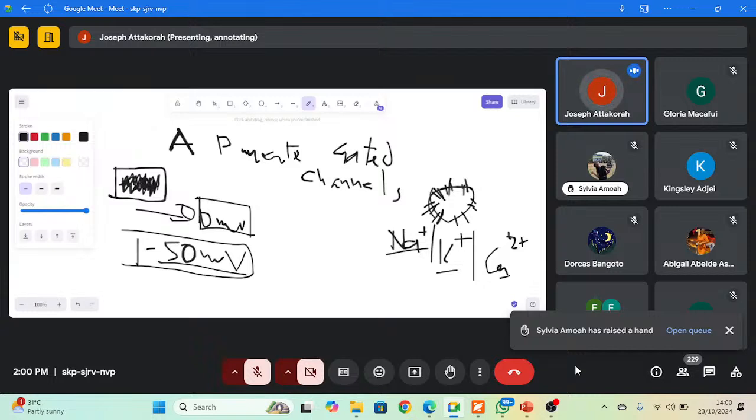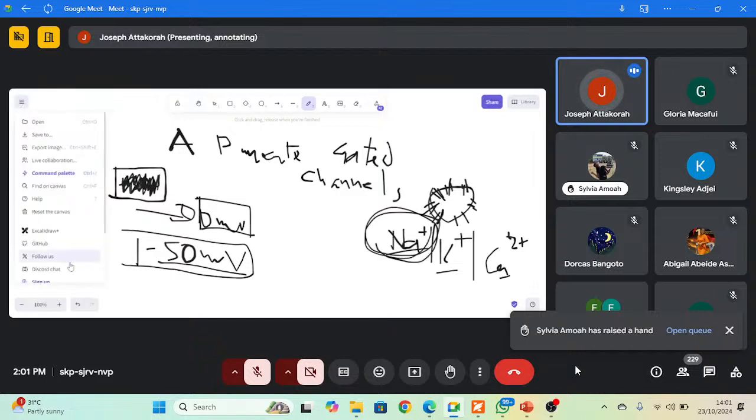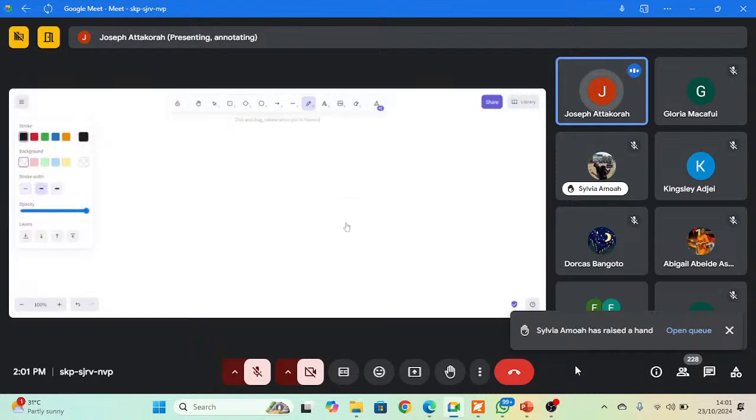So the moment a myocyte gets energy, impulses from the sinoatrial node, the first channel that will be open is sodium. The first channel, please understand this area well.